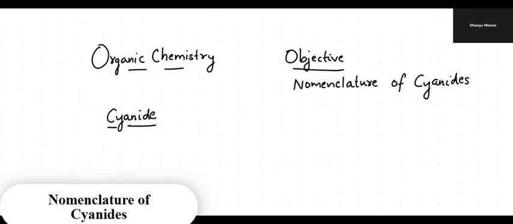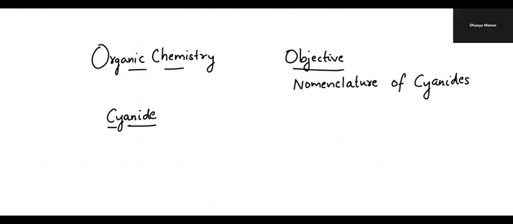Okay, so cyanide is the C triple bond N functional group, and it has a secondary suffix nitrile. It is also a terminal functional group.